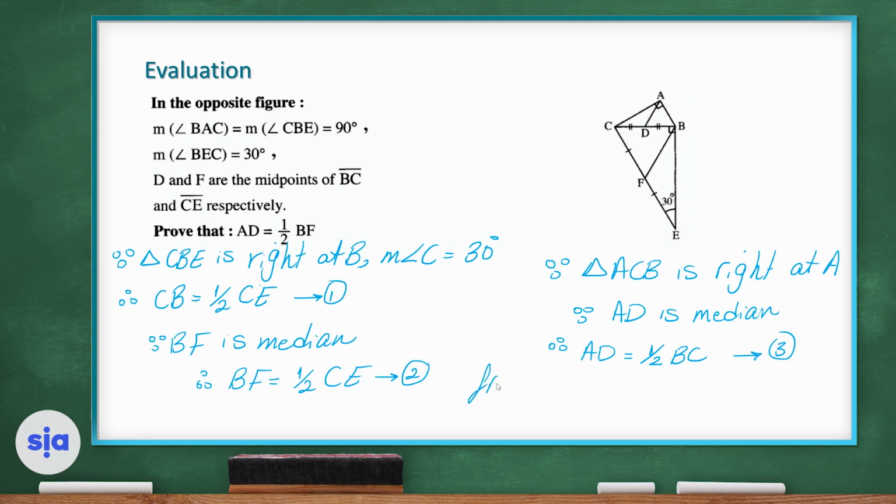So from 1, 2, and 3, AD is equal to half BF.